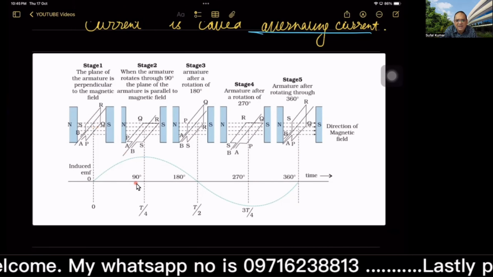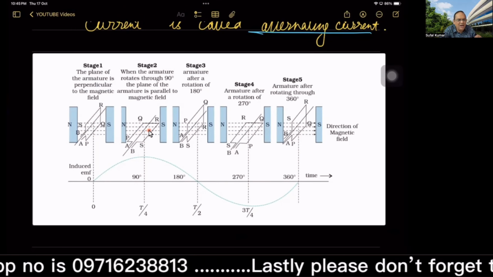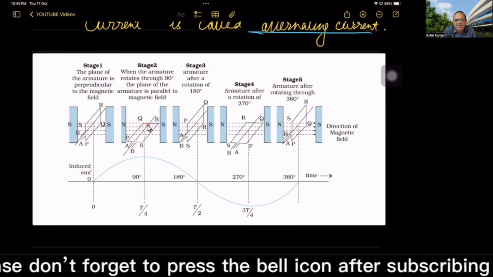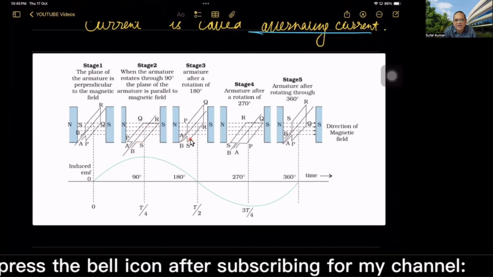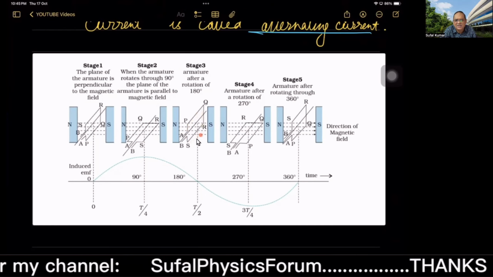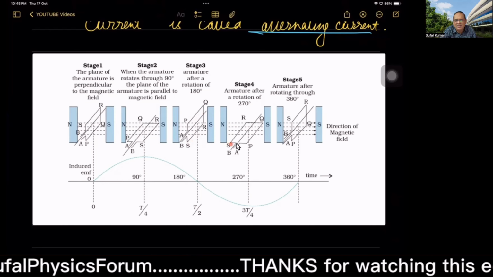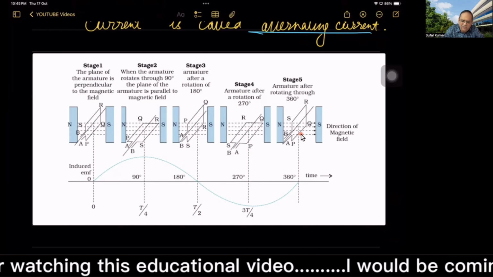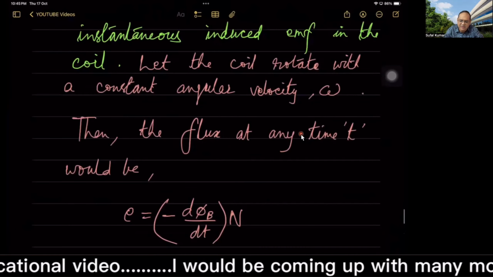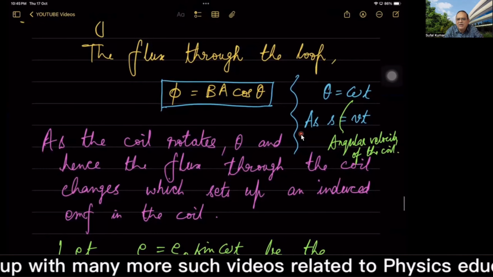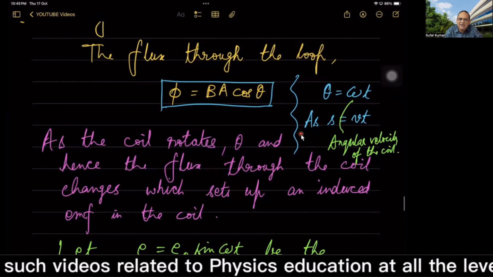Then 90 degrees means quarter rotation. After this, the plane is completely in horizontal position. Then in the process of rotating, now half cycle is done. Then 3/4 and then 4/4. And one more thing, wherever I have used theta, theta is the angle between the B vector and the area vector.